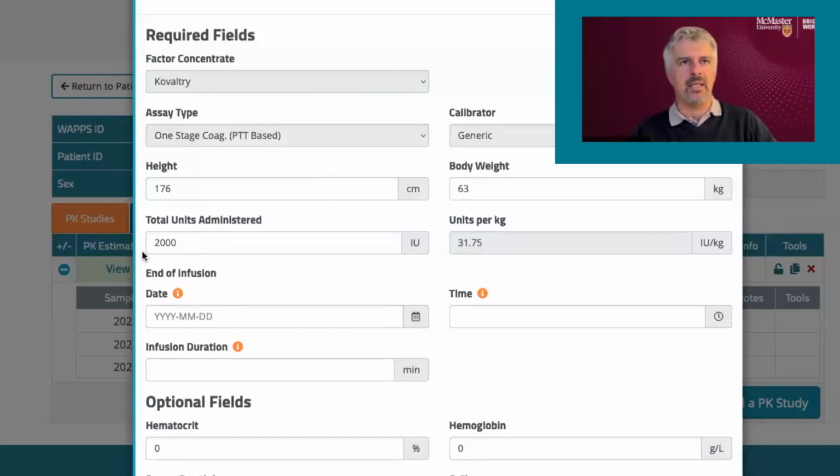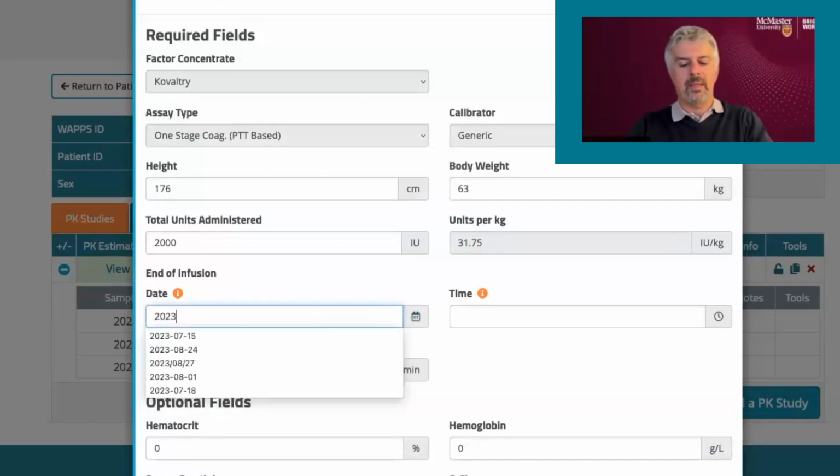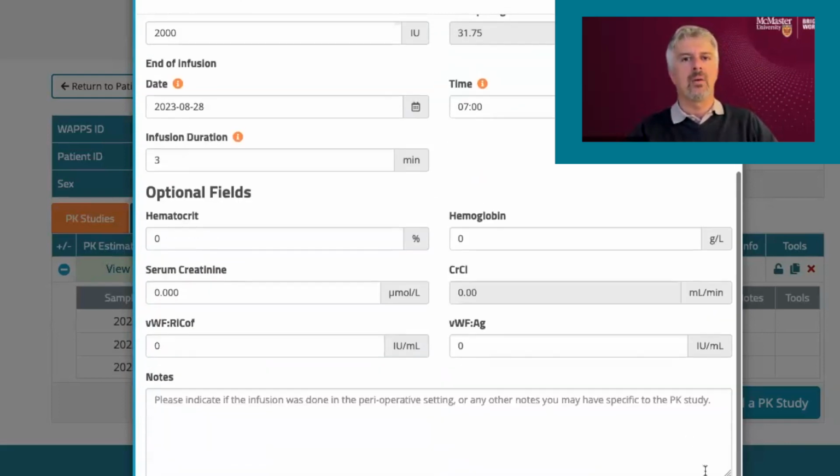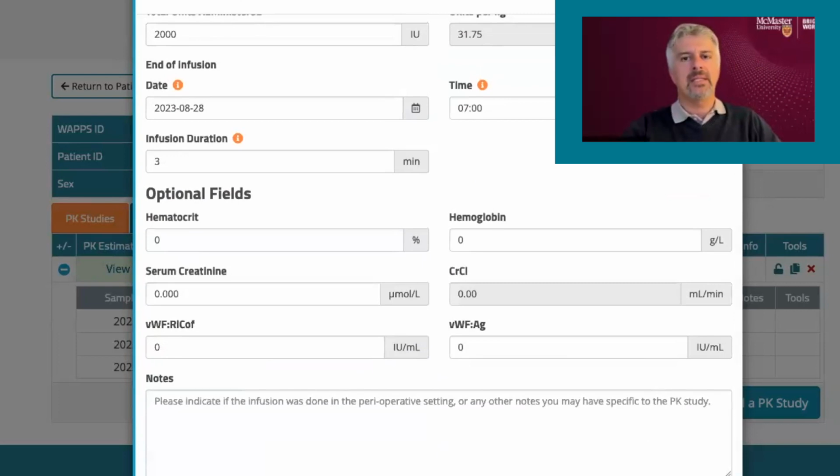In this case, let's say he infused the 2,000 units he gets on prophylaxis, and let's assume he did the infusion yesterday morning. Yesterday was the 28th at 7 a.m., and it was a standard infusion of 3 minutes. When I'm done with this, I can save the infusion.